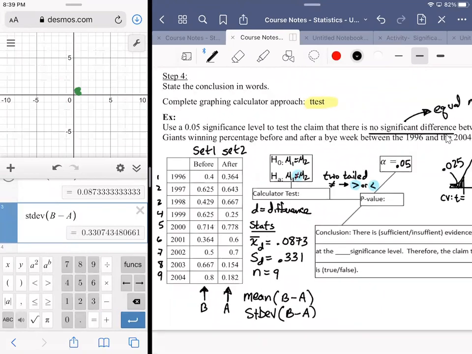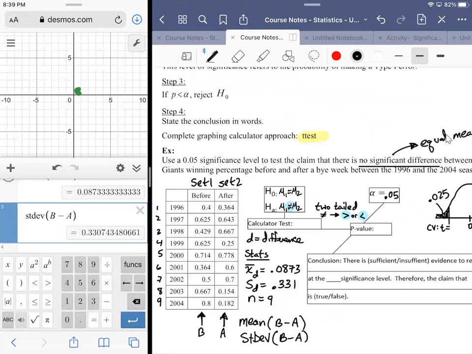Right, so it's still a t-test. So our test statistic is actually going to have the same structure as the regular t-test.